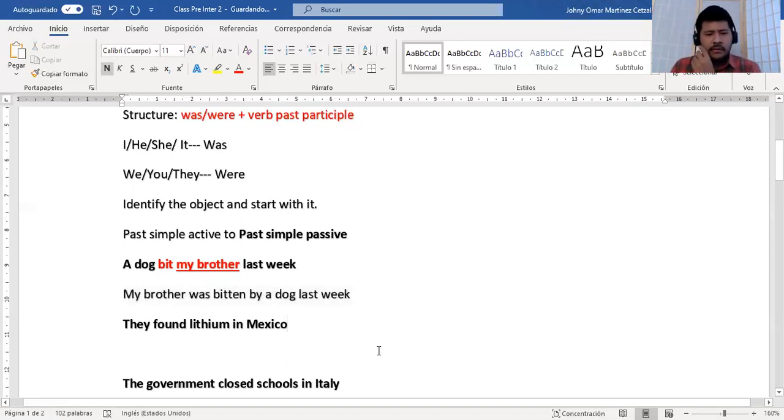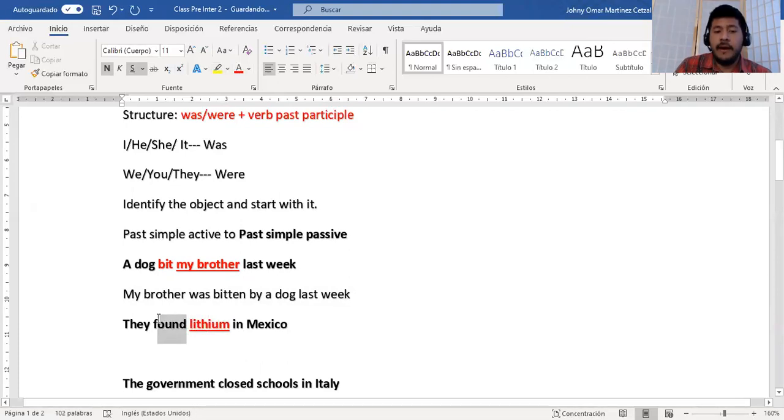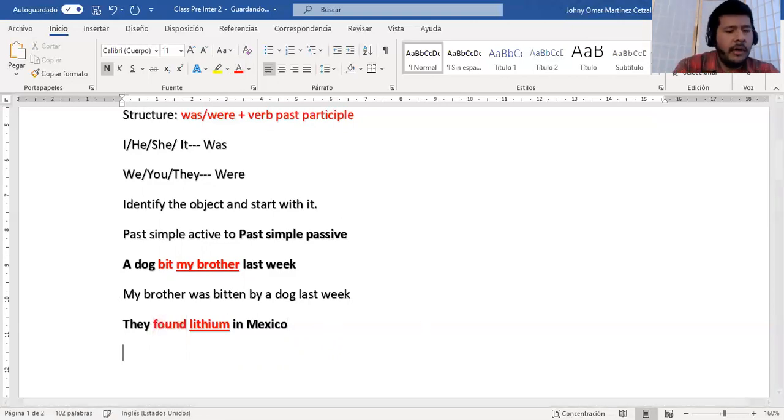Now, they found lithium in Mexico, okay? The same thing. What is the object? Lithium, okay? So lithium is here. And what is the verb? Found. All right, so I have identified the object and the verb. Now, we start with the object again. Lithium was found, and who found it? It was found by them. By them. Is it necessary?